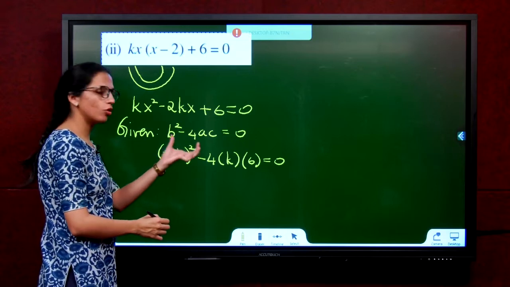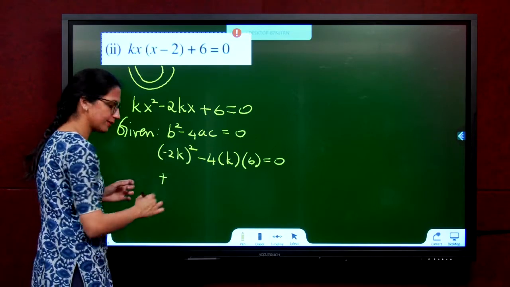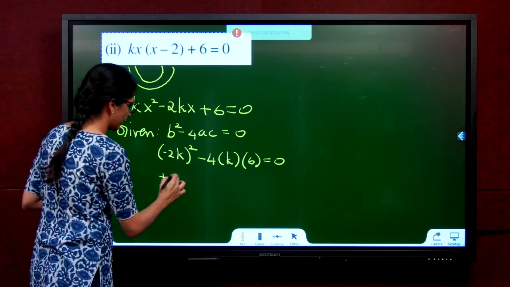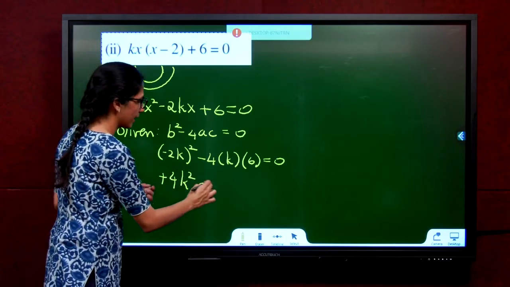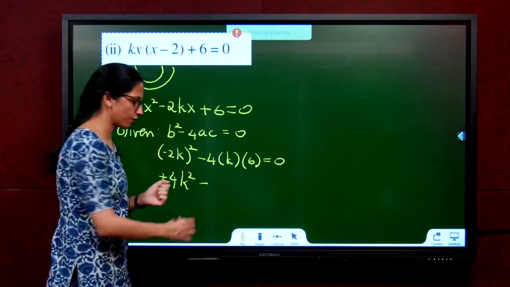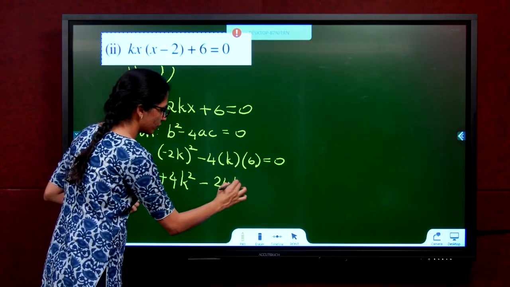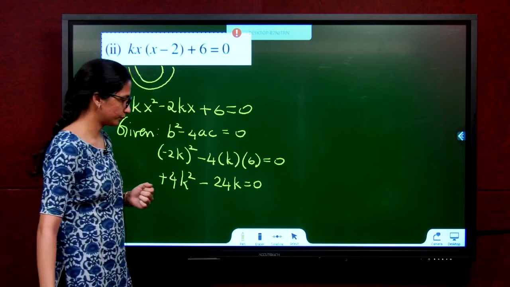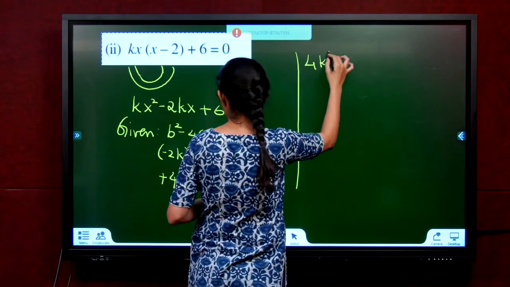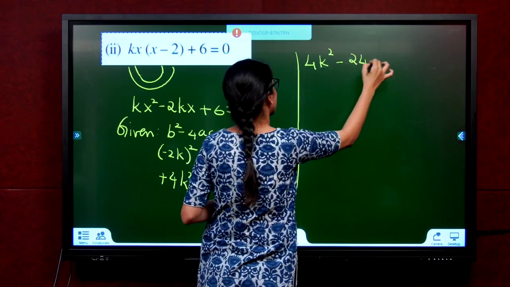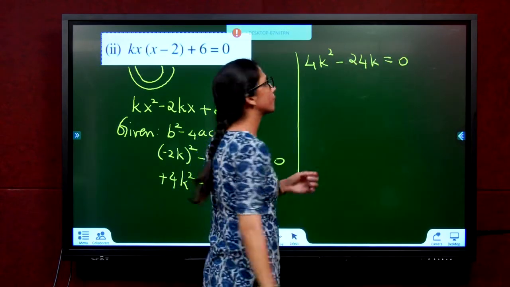Minus 2k the whole square, the negative goes away, 2 square is 4, k square, so 4k square, minus 4 6s are 24. So, this will become 4k square minus 24k is equal to 0.